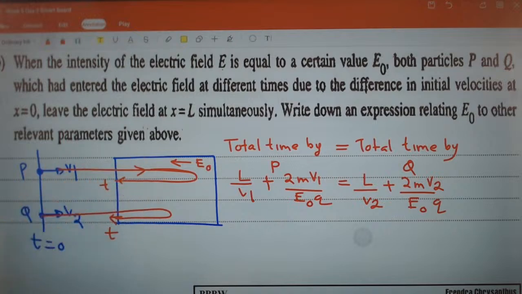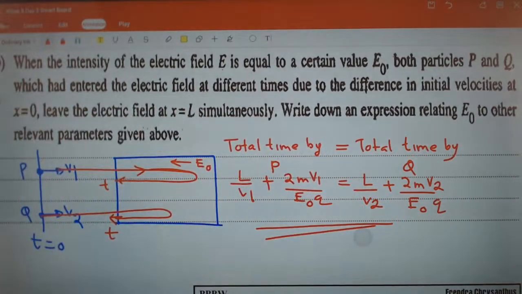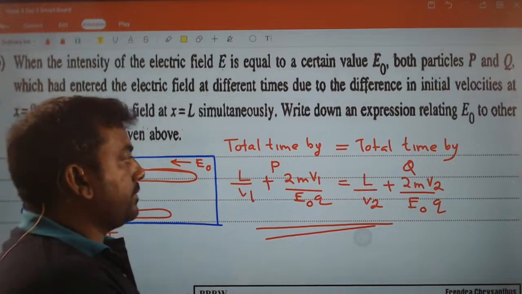Total time is the same. Here is your relationship.